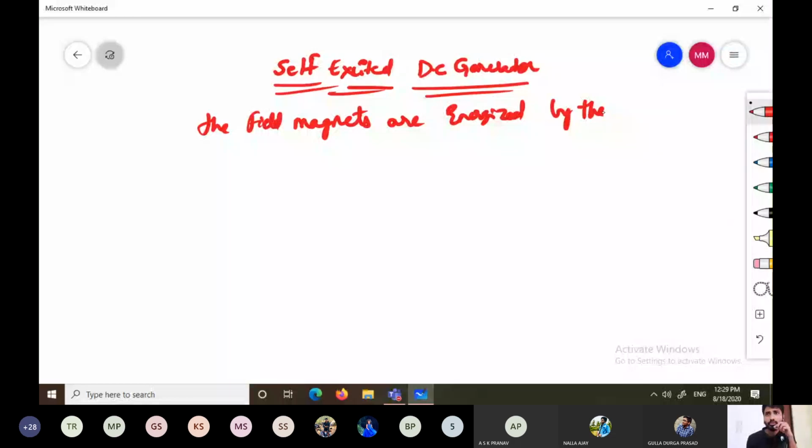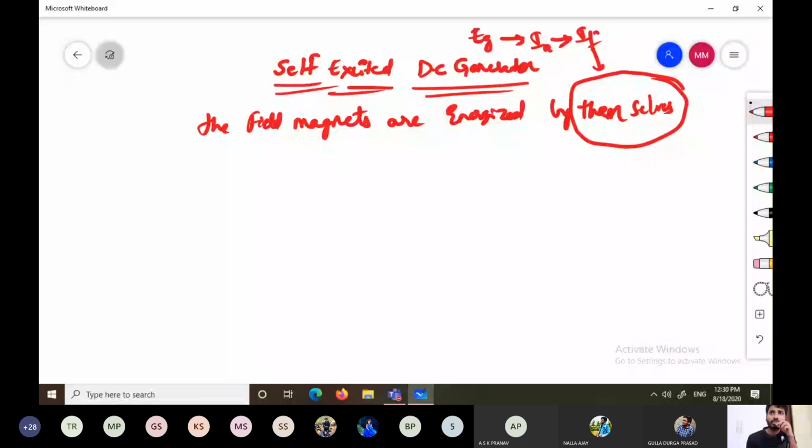Okay, so what is the meaning of themselves in this particular generator? Due to the EG induced in the armature, the EG is able to supply IA. This IA is able to supply the field current for this type of generator.